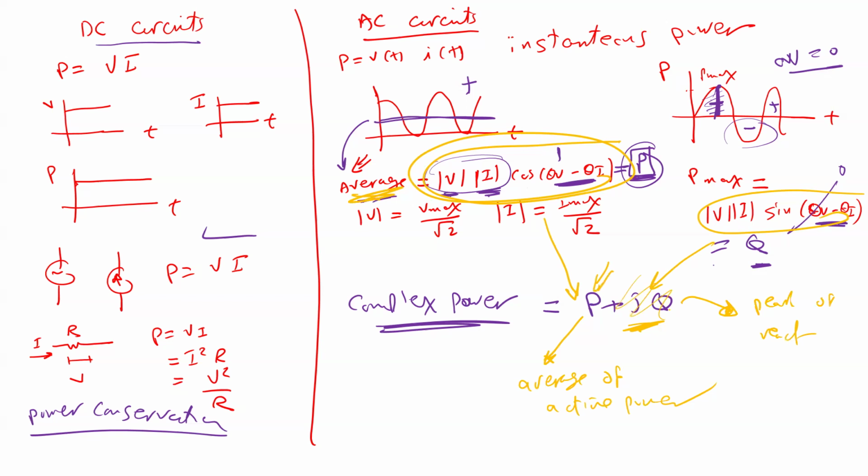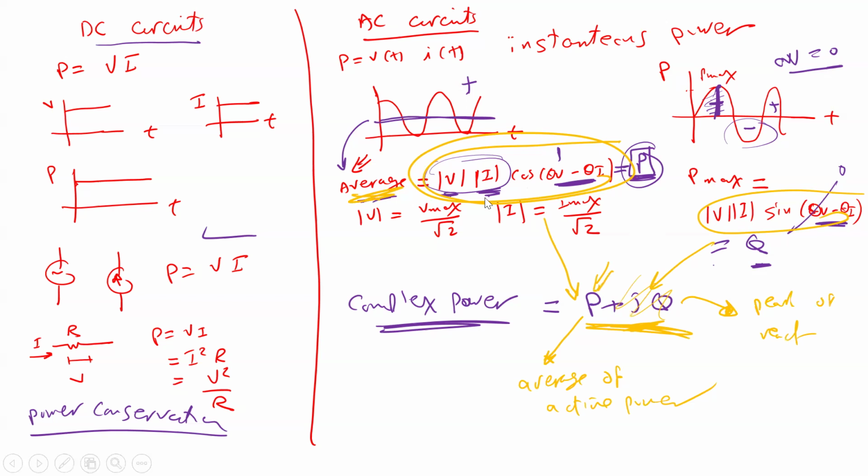If the load is only an inductor or capacitor, as you will see, you will have an imaginary part, but you are not going to have a real part. Make sense? And if the load is a combination of resistance, capacitor and inductor, series or parallel or whatever, you are going to have both of them. Make sense?